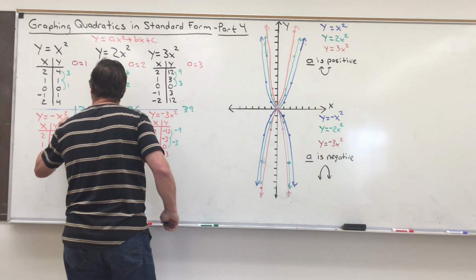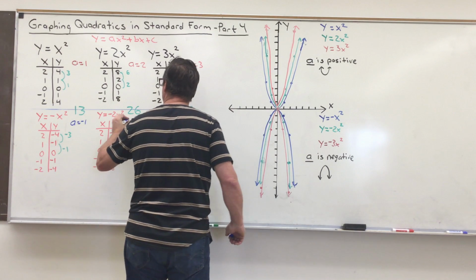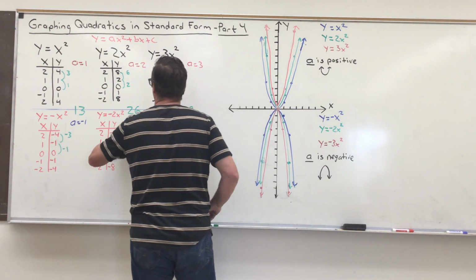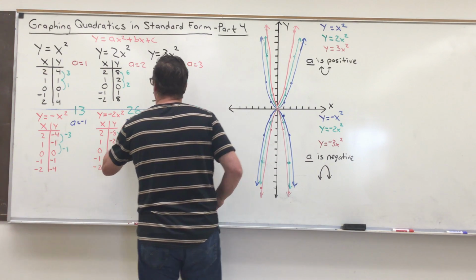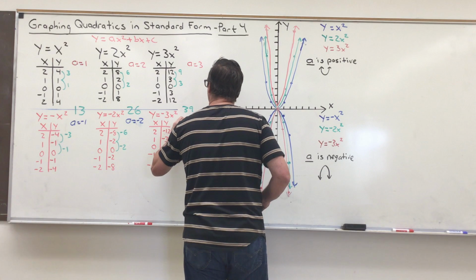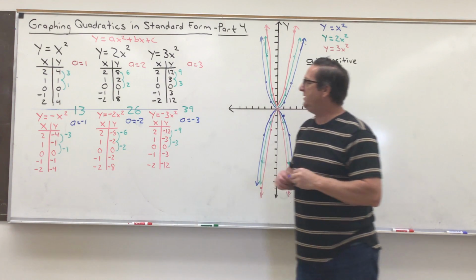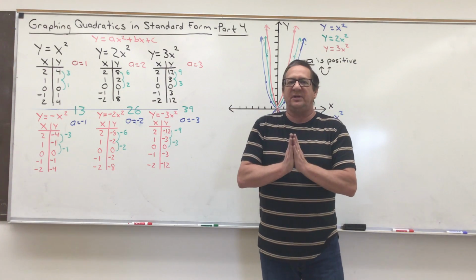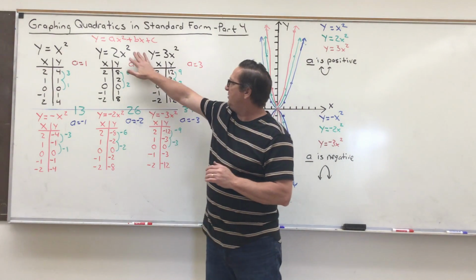Over here, a equals negative 1, a equals negative 2, and a equals negative 3, okay? So we'll look at y equals 2x squared.